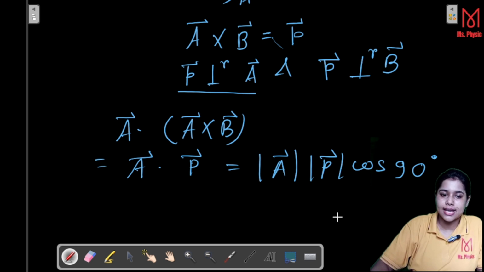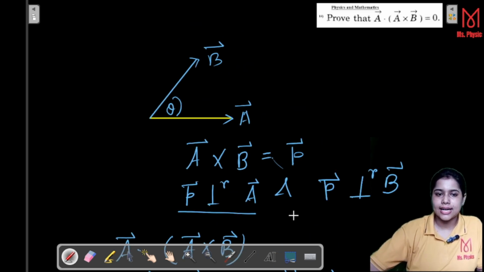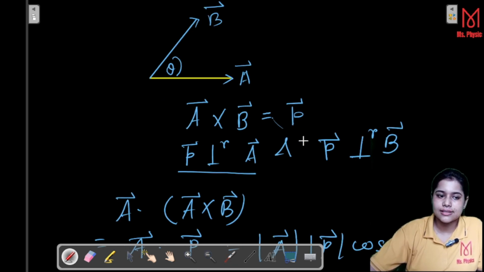Perpendicular means theta is equal to 90 degree, and cos 90 means 0. So A dot P will be 0, meaning A dot A cross B is equal to 0, and that is what was asked to prove. So this is the way to prove.